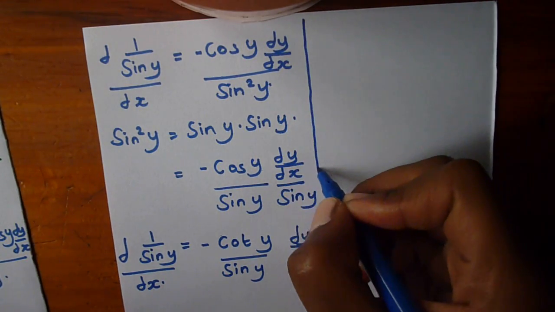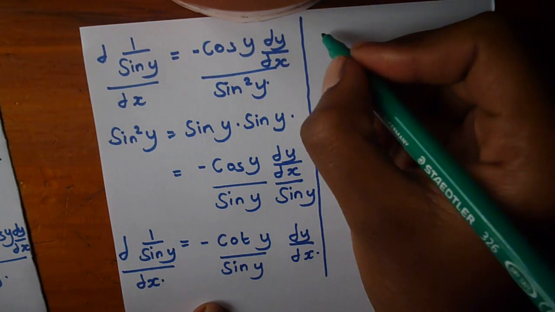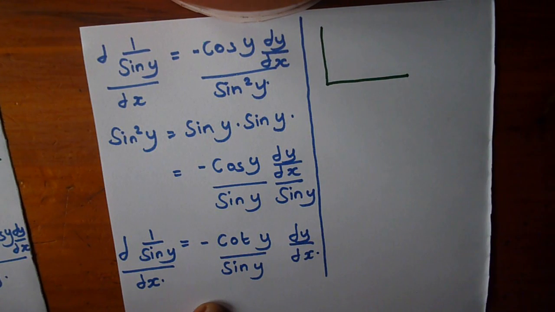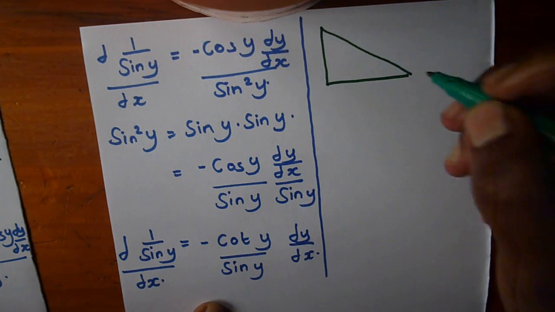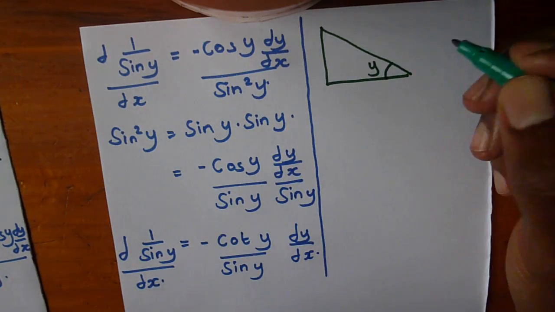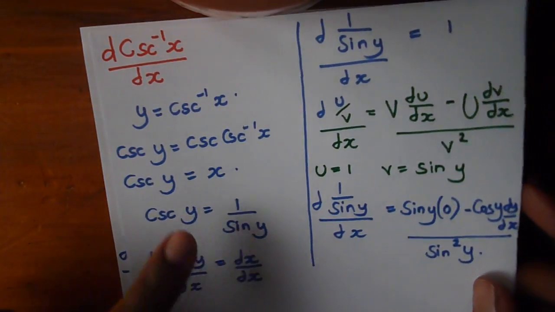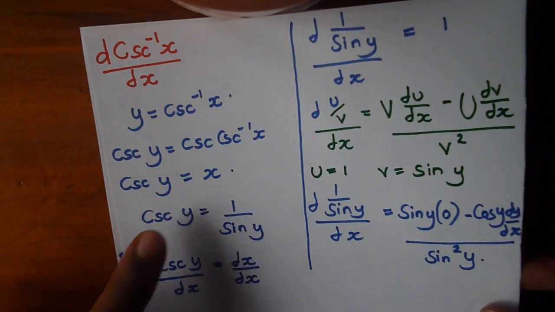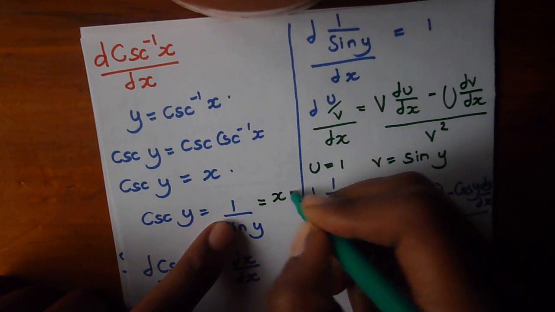From this point, we're going to introduce a right angle triangle so that we can bring our answer not in the y form but in the x form. So when we draw a triangle, letting this angle be y, and remembering that cosec y equals x, and cosec y is the same as 1 over sine y, so 1 over sine y equals x.